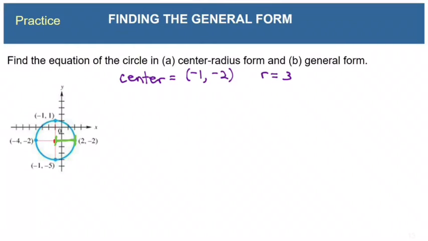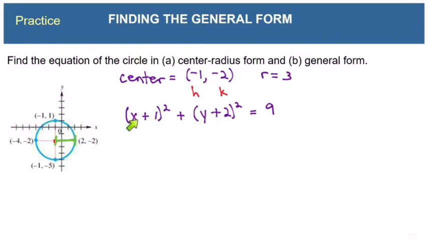Okay, so now let's put this in center radius form. It's going to be x minus h squared. So x minus -1 squared makes x plus 1 squared, plus y minus k squared. So y minus -2 makes y plus 2, and then that's going to equal 3 squared, which is 9.